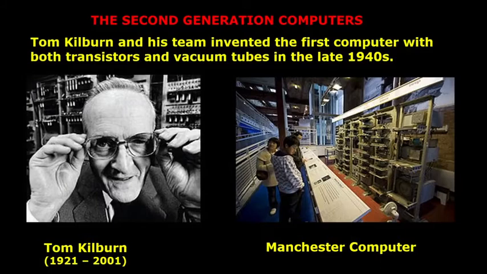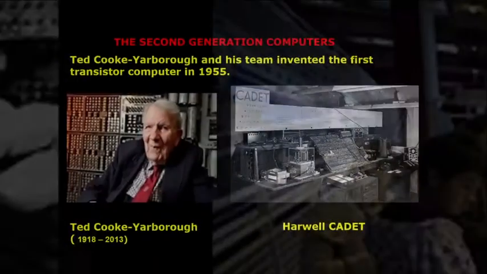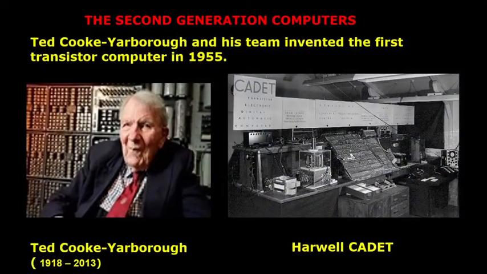Tom Kilburn and his team invented the first computer with both transistors and vacuum tubes in the late 1940s. Kilburn was born in 1921 and he died in 2001. Ted Cook Yarbrough and his team invented the first transistor computer in 1955. Yarbrough was born in 1918 and died in 2013.